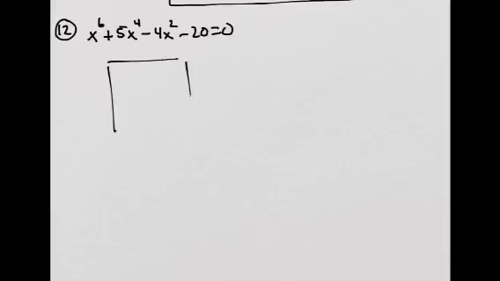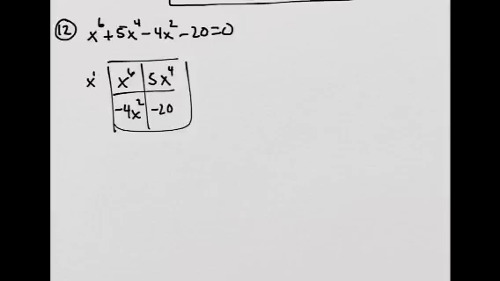So I'm going to try the 2 by 2 because it's 4 terms, and it kind of looks like it's going to work, but I just want to double check it. So put in the terms in order in standard form. I can factor out in the first row x to the 4th. So that makes this one x squared, and this makes this 5. X squared times what gives you -4x squared, that gives me -4, and then -4 times 5 is -20, so it works.